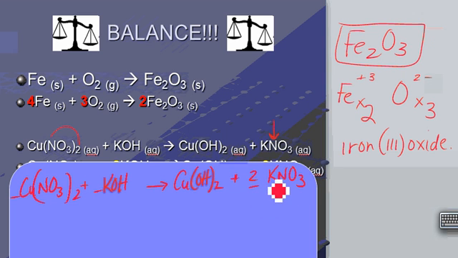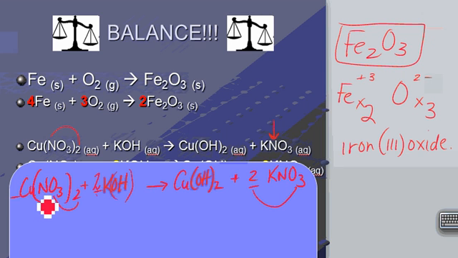That also, though, gives us 2 potassium. So that means we must have 2 potassium here. We have 2 hydroxide. We have 2 hydroxide. So we're fine. We also have 6 oxygen. We have 6 oxygen. So we have a balanced chemical equation.